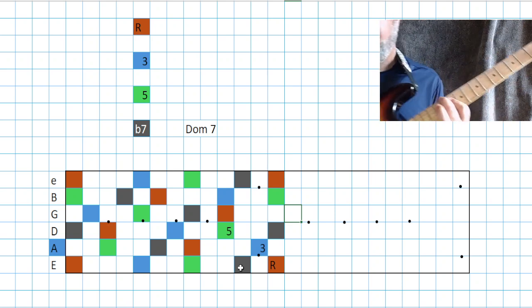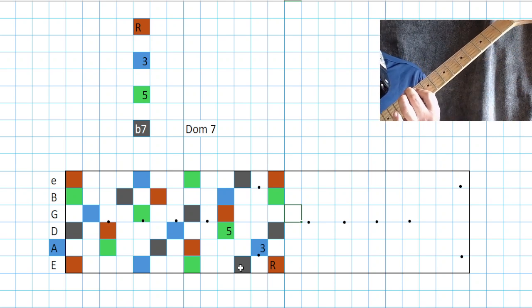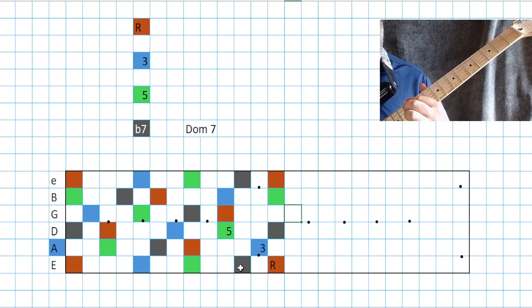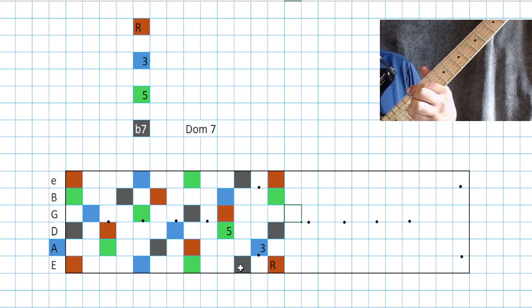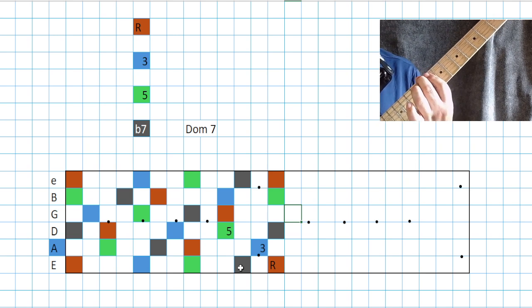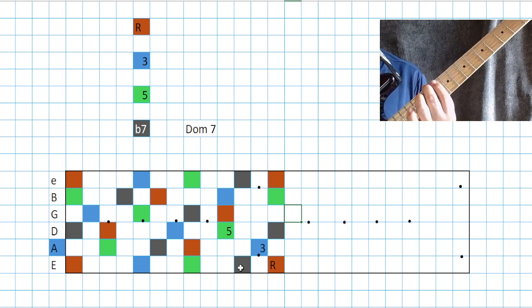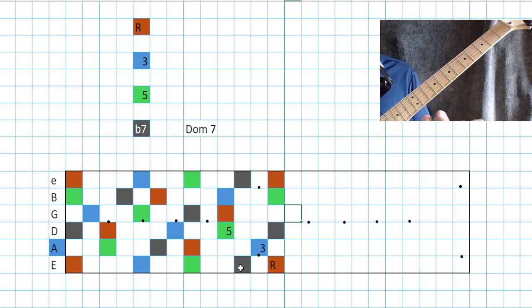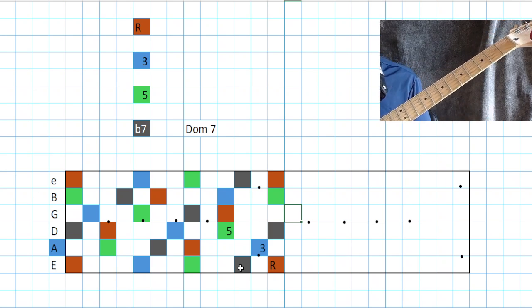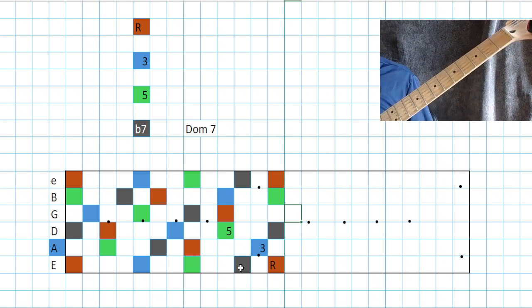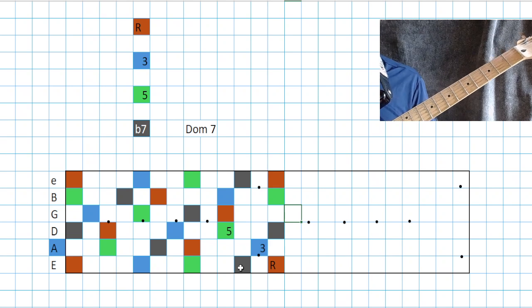Okay, so that's almost like a 2-chord vamp available with the same exact chord, just inverted. So I just thought that was really, really excellent.